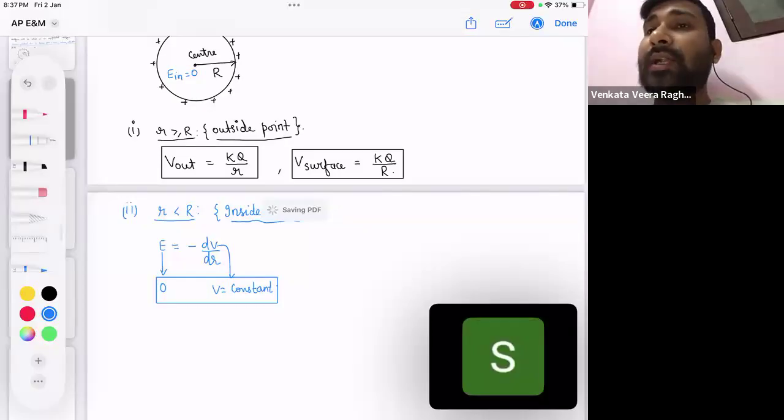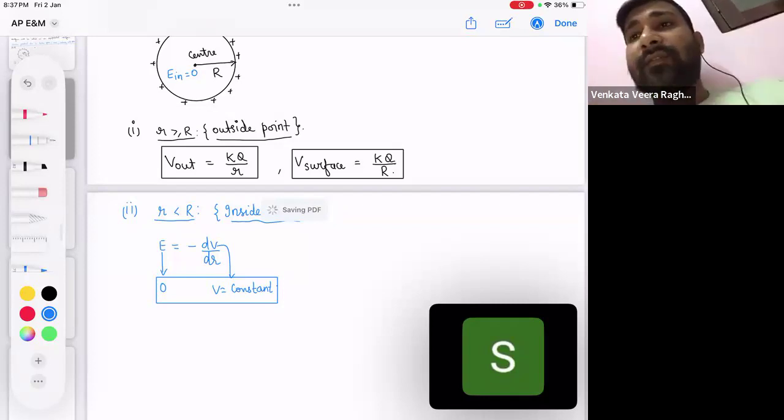So whatever is the surface potential, the same potential will be inside the conducting sphere at every point. Sorry, not 0, the field is 0. What is the potential inside a conducting sphere at any point?